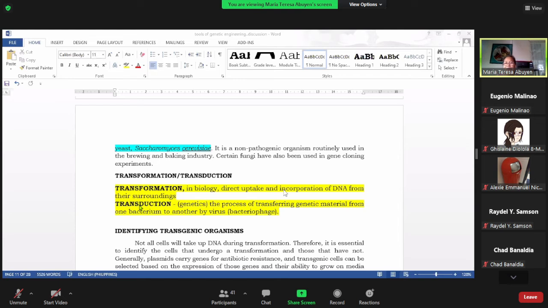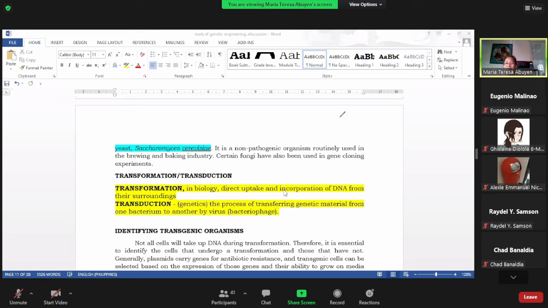Transformation, in biology, refers to the direct uptake and incorporation of DNA from the surroundings. Let's draw it.